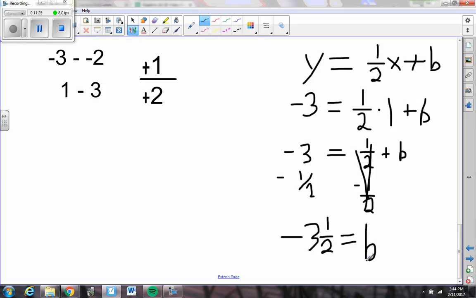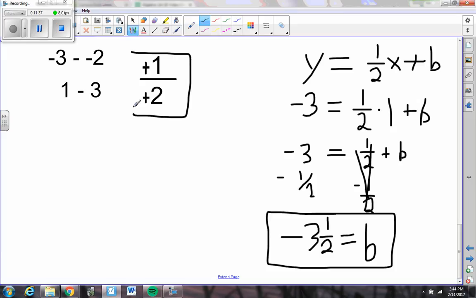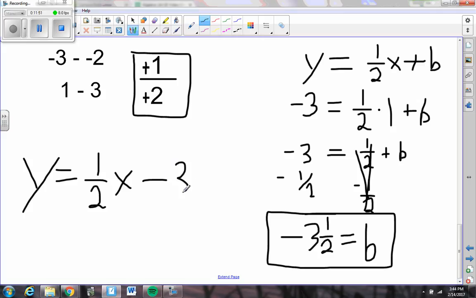That is equal to my b value. Now I'm ready to write my equation because my b value is -3.5 and my slope is positive 1/2. So my equation will say y equals 1/2 x. I could say plus -3.5, but I'm just going to say minus 3 and 1/2.